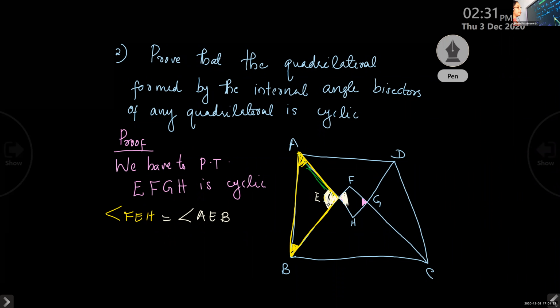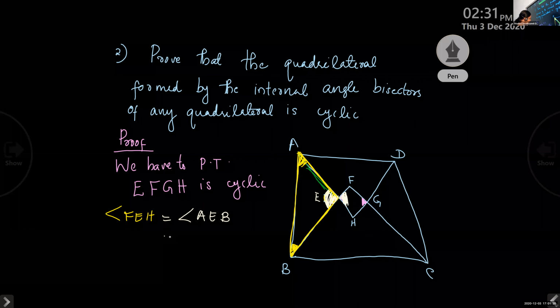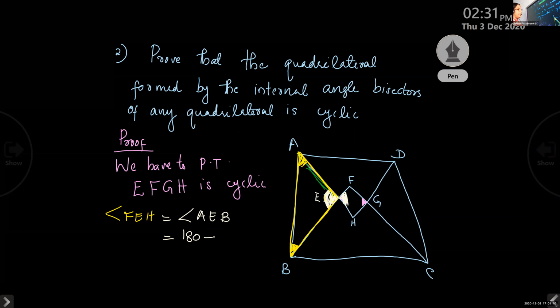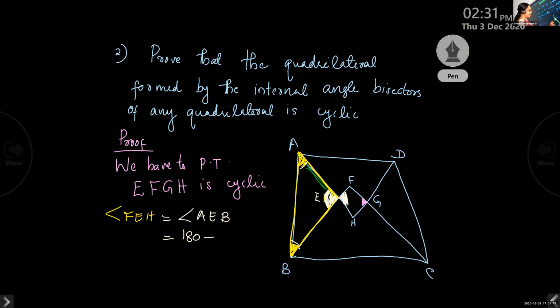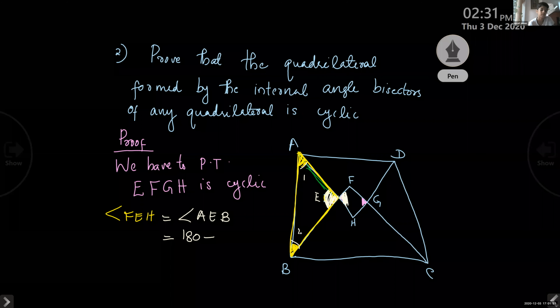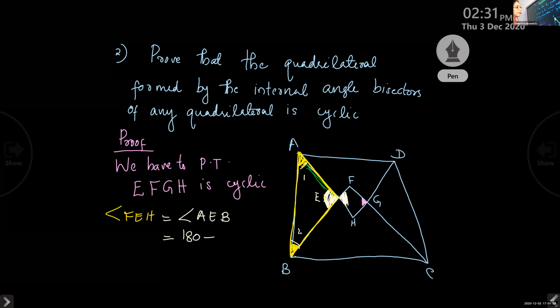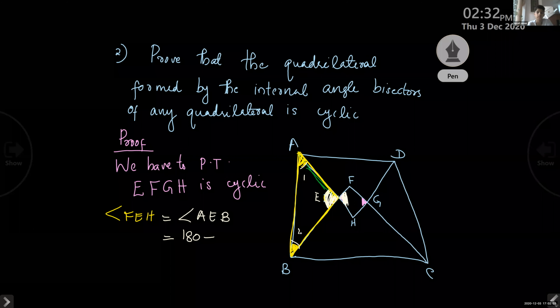AEB is equal to 180 minus these two yellow color angles. Can you see this angle 1 and angle 2? So that white color angle is equal to 180 minus angle 1 and angle 2, correct? If it is 20 and 30, you will find 180 minus 50, no?